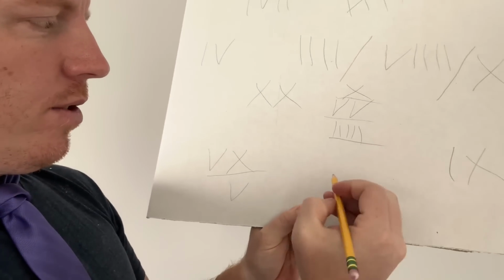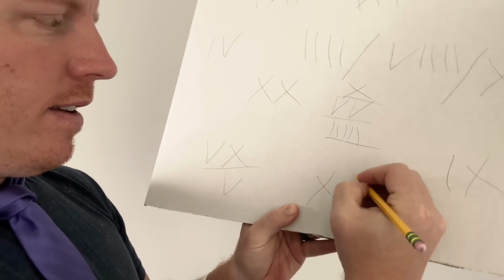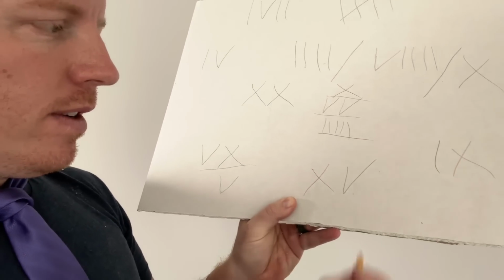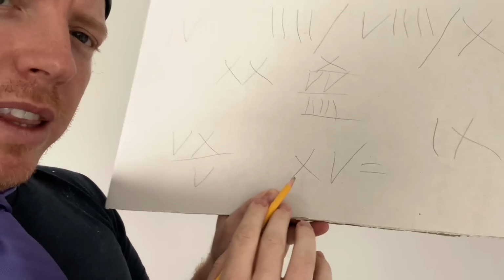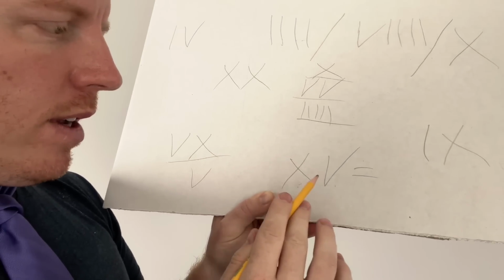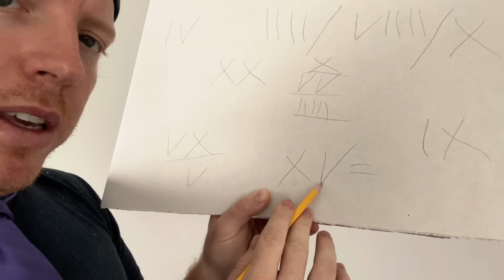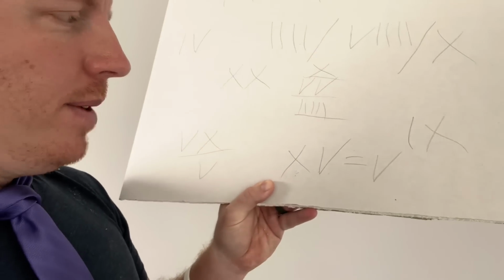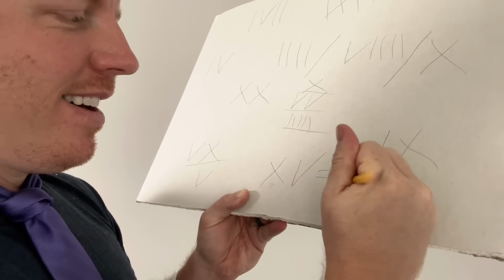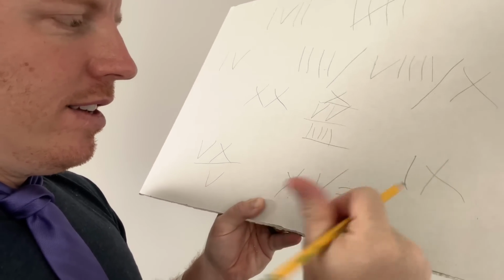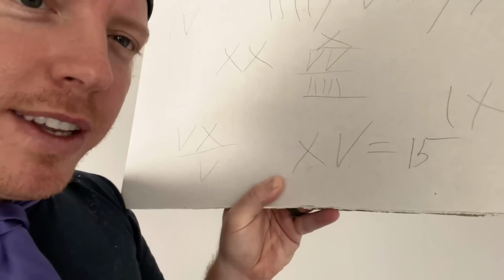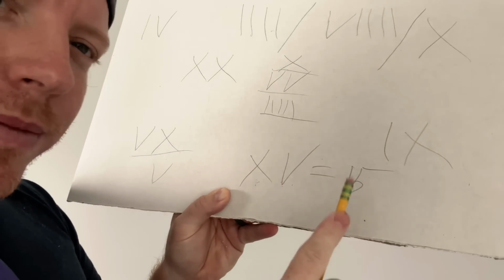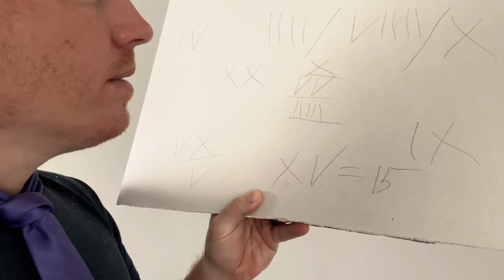And so if I want X, V, and the X comes first, which is the bigger one, and then the smaller number, the V, you have 10, 5. I mean, you have 15, okay? You following me so far?